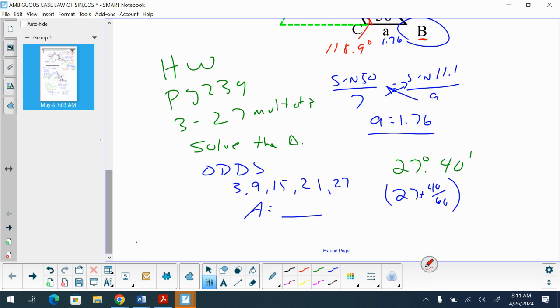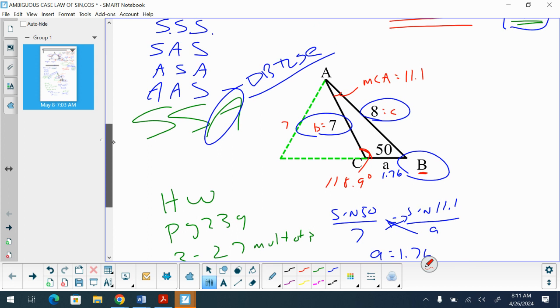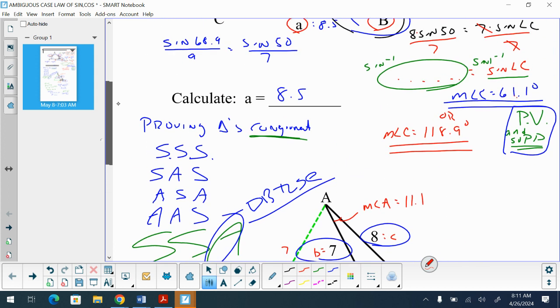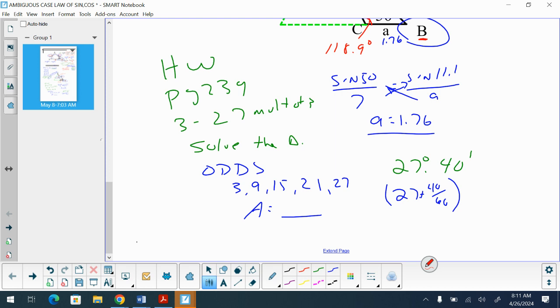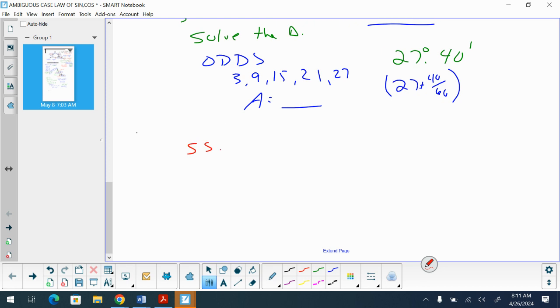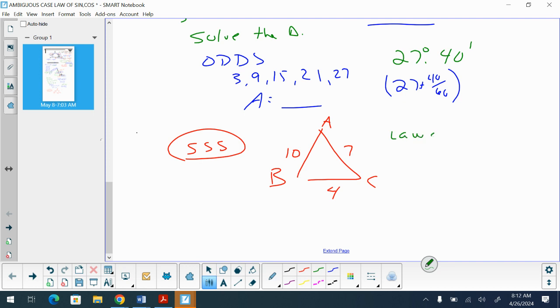One last thing up here is when you're trying to find the measures of angles, if you're given three sides, you have to find the three angles. You're going to have to use law of cosines to find the measure of the angles.